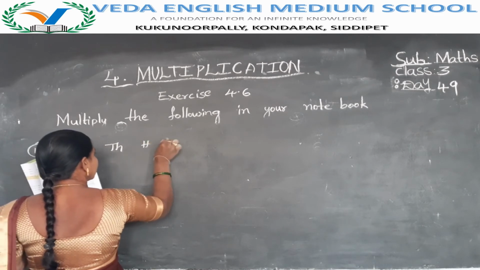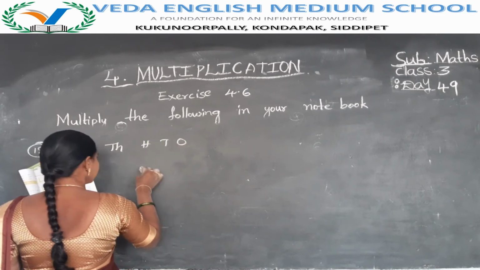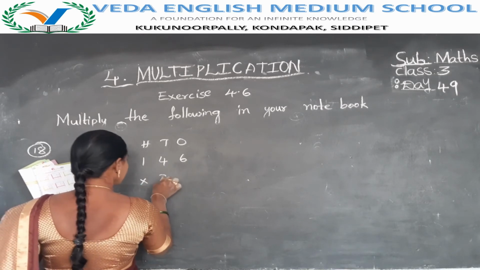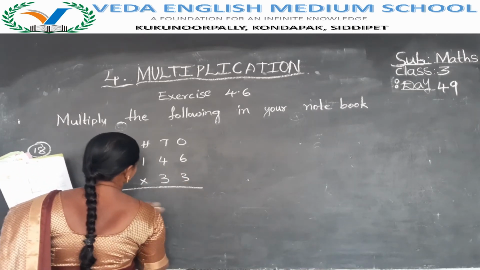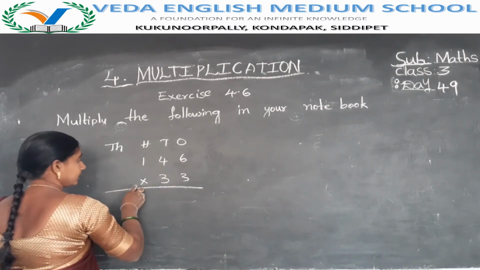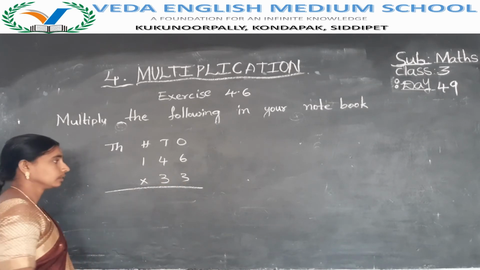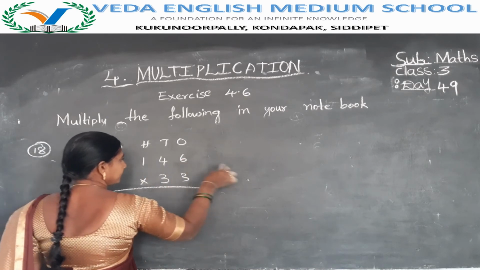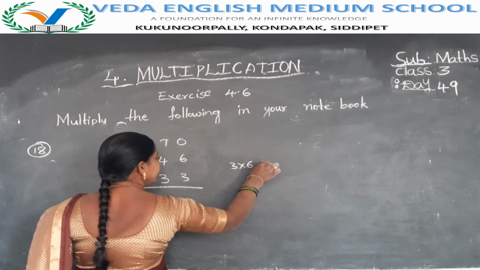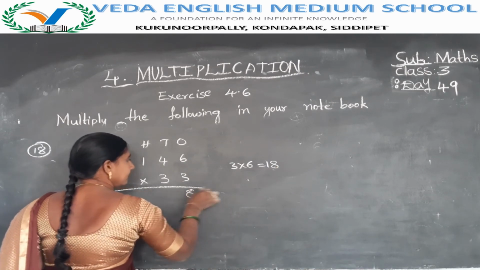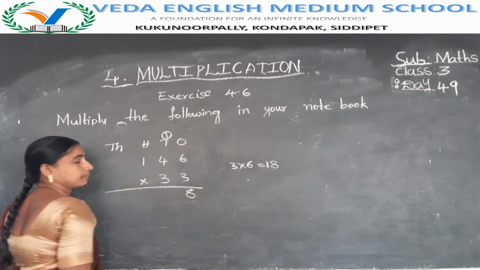Thousands, hundreds, tens, ones. 146 into, the problem seen, multiply 146 by 33. So first of all multiplying the ones place. 3 into 6. 3 6 are 18. So this one here right here. This one carry 2 tens place.